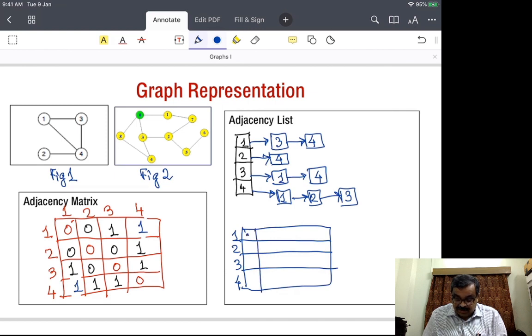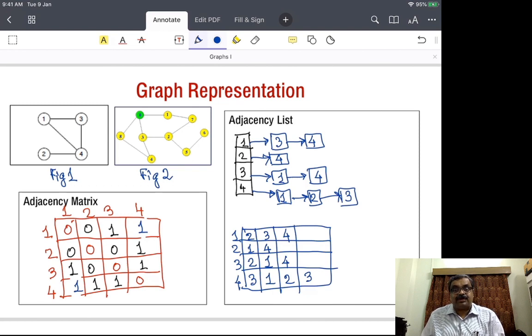That means there are 2 edges here, 1 edge here, 3 edges, 2 edges here, and 3 edges here. And after this, we could mention which edges they are. So this would be 3, 4, this would be 4, this would be 1, 4, and this would be 1, 2, and 3.